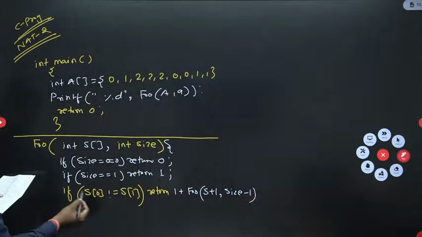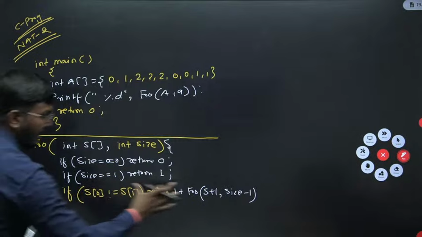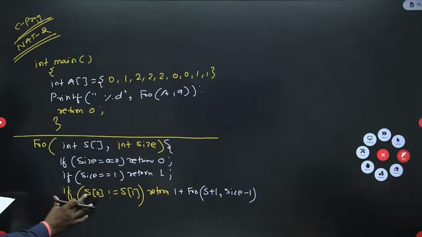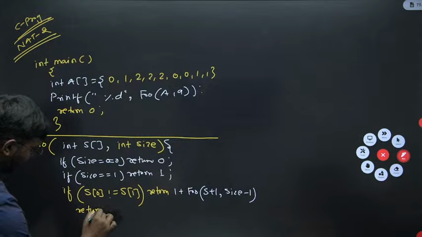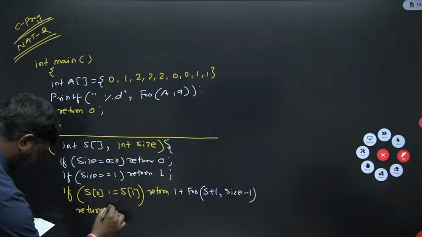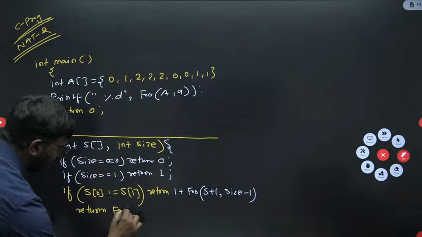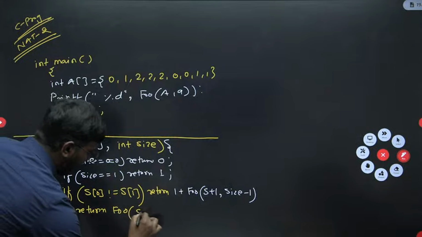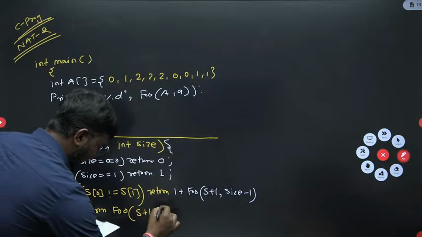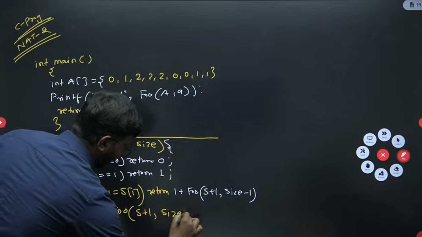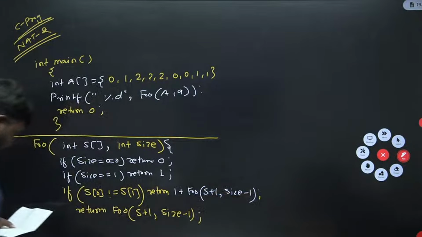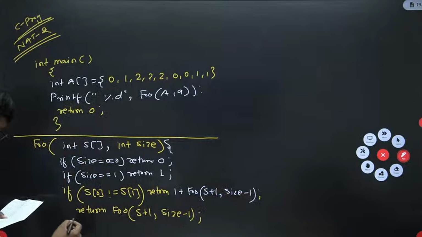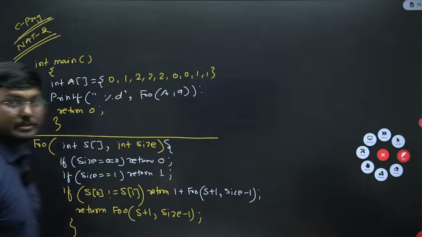If the condition is true, then return this. Else, if the condition is false, then simply return foo of s plus 1 and size minus 1. Fine. This is the complete foo function.